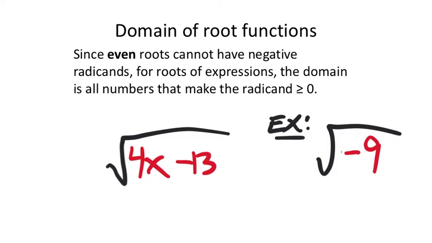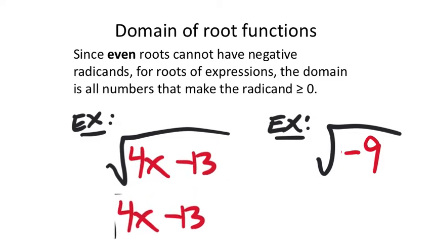So right now we're just saying that the answer is not real or DNE. But when it comes to the domain of these root type functions, whatever the radicand is has to be greater than or equal to 0. In the first example we started with, I don't care about the root so much as the radicand, the inside, 4x minus 13, and I know it has to be greater than or equal to 0.